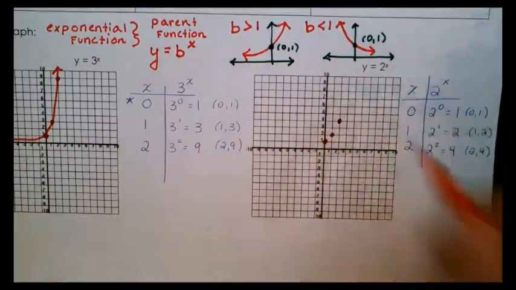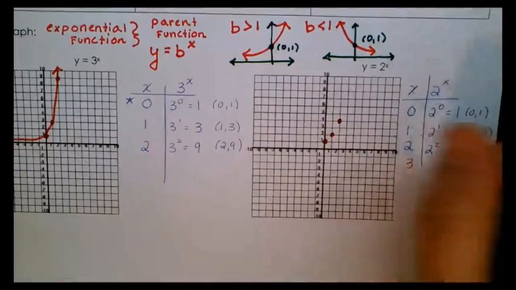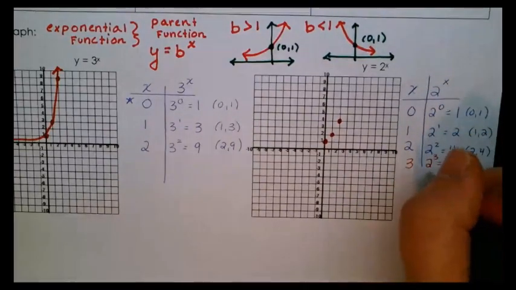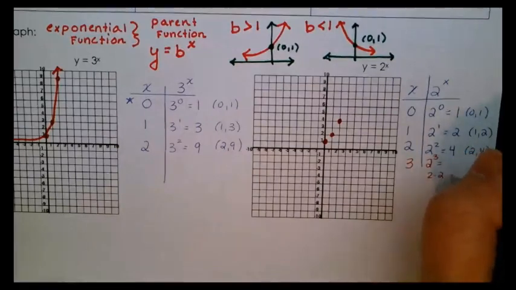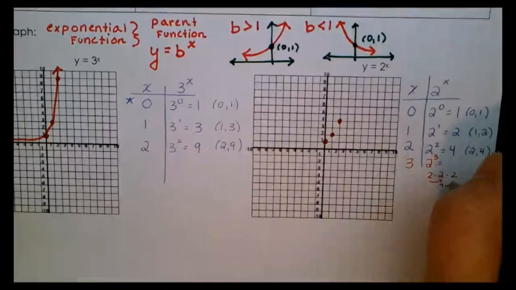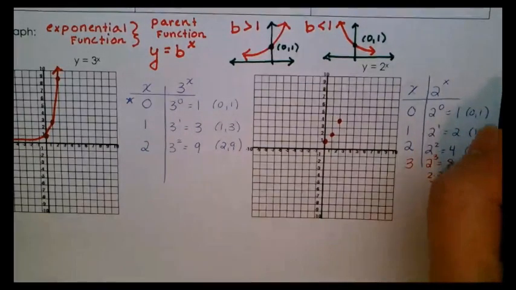I could probably continue going if I wanted to here. In fact, I'm going to throw in one more point just for fun. So 3 and 2 to the third power. So this is going to be equal to 2 times 2 times 2. 2 times 2 is 4. 4 times 2 is 8. So it's going to be 8.